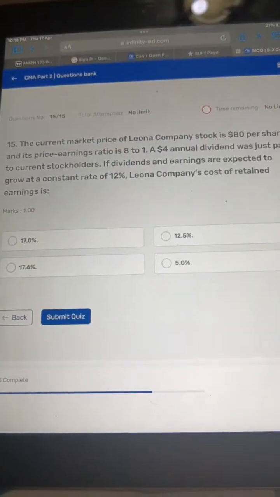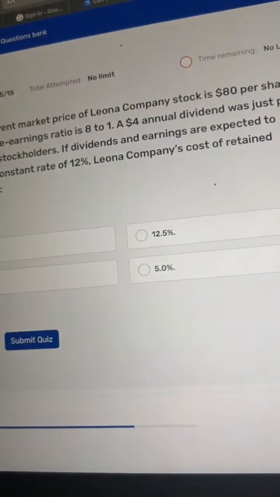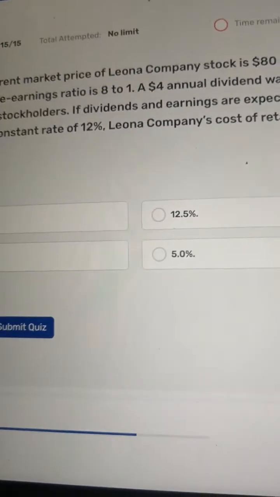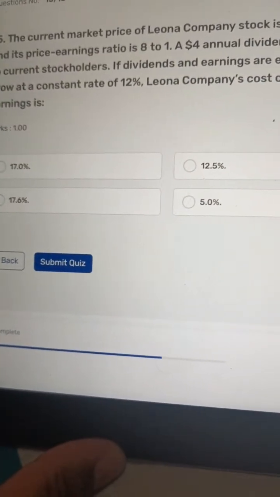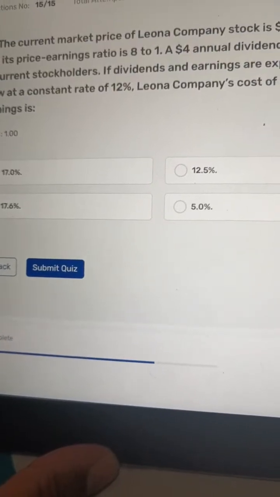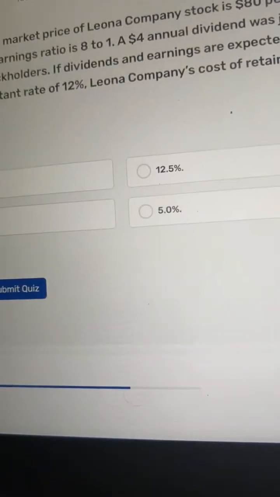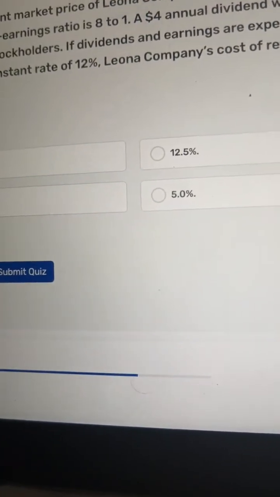Current market price of the company is 80, right? We have to calculate market price, equal to expected dividend divided by discount rate minus growth rate.